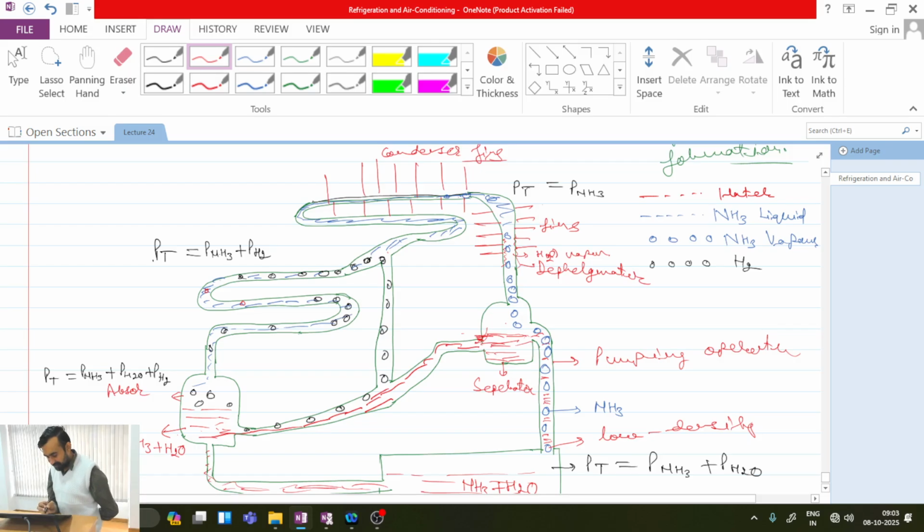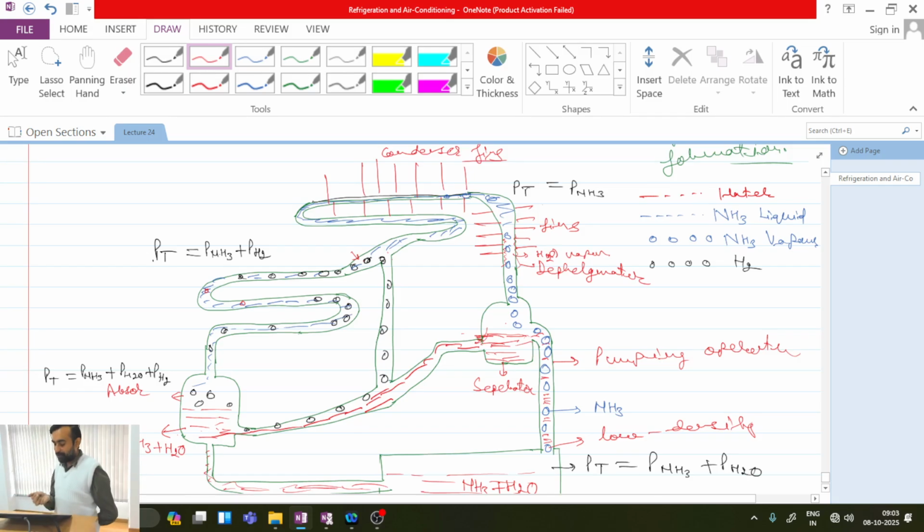Now this liquid has entered the evaporator. Once this liquid entered the evaporator, from this tube hydrogen is also entering over here. So what will this hydrogen do? It will significantly decrease the partial pressure of ammonia. If the partial pressure of ammonia is decreasing, evaporation of ammonia will start in this process.